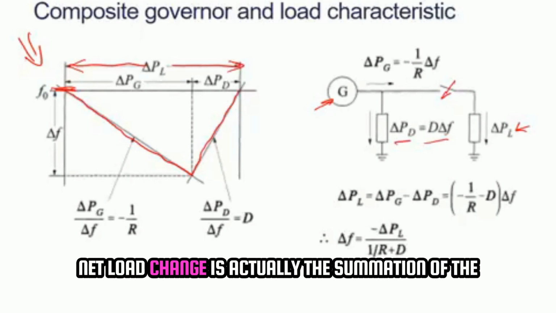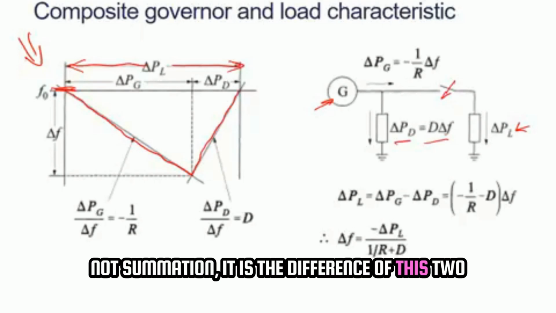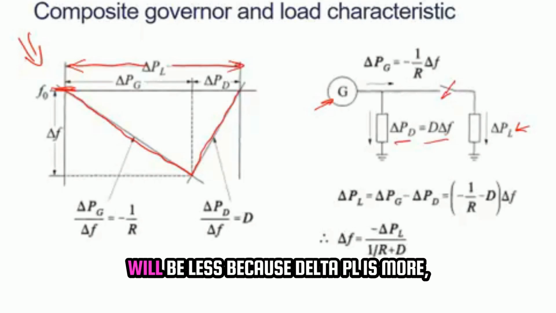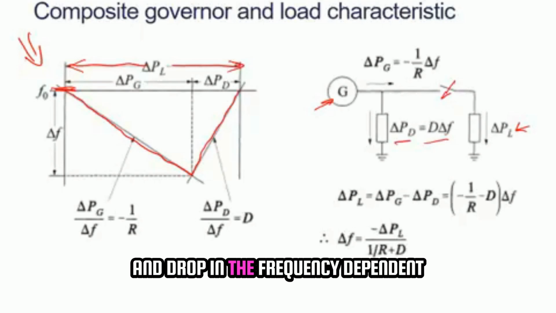So eventually, if you see the total load change, or the net load change, it is actually the difference of delta PG and delta PD, not the summation. Because delta PL is more, but because of the drop in the frequency and the drop in the frequency dependent load, the net load change will be less.